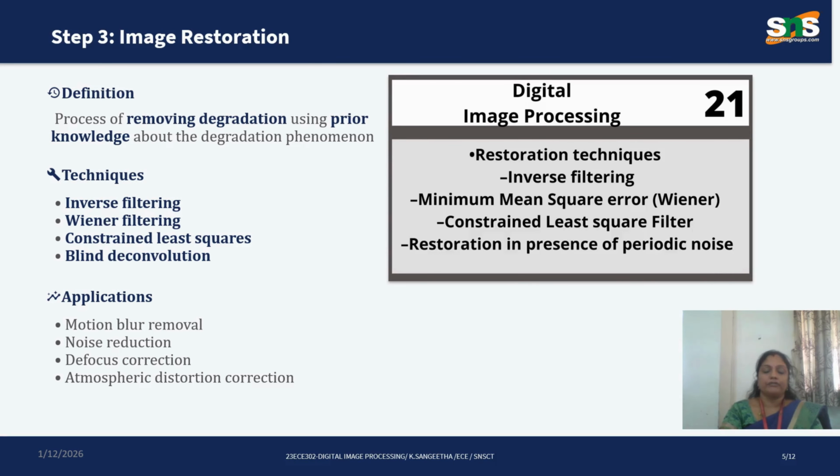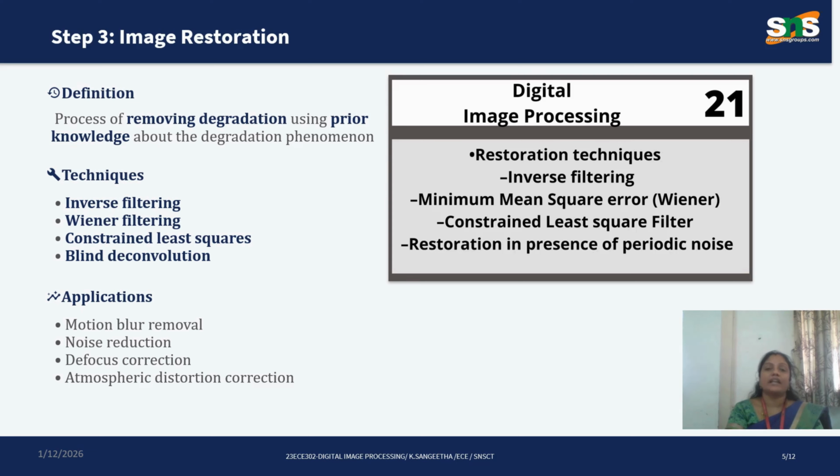Because if we shake the camera, the image may be blurred, and due to the sensor, the image may be blurred. All these images can be recovered using some filtering techniques. This is called image restoration.